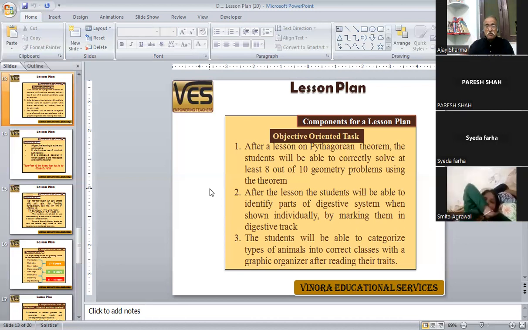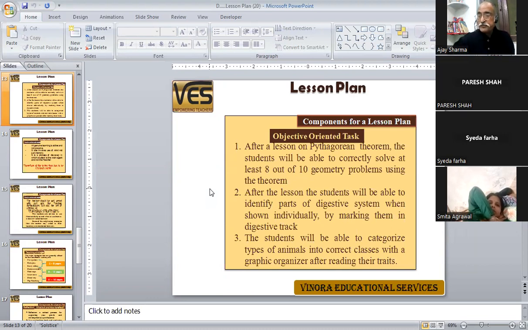So this will be the objective. Then next one is, a student will be able to categorize types of animals into correct classes with a graphic organizer after reading their traits. So I give them traits.